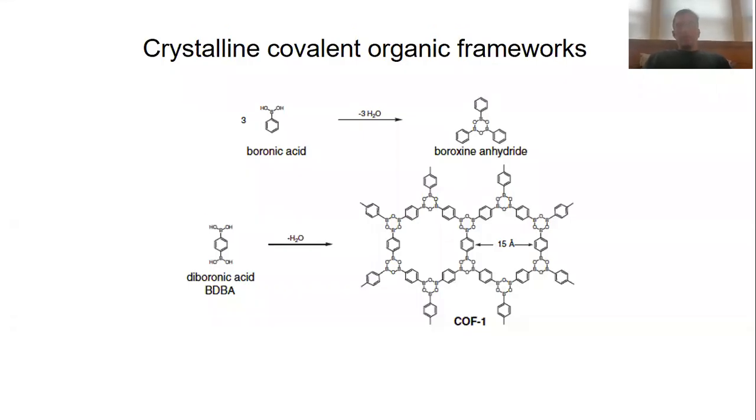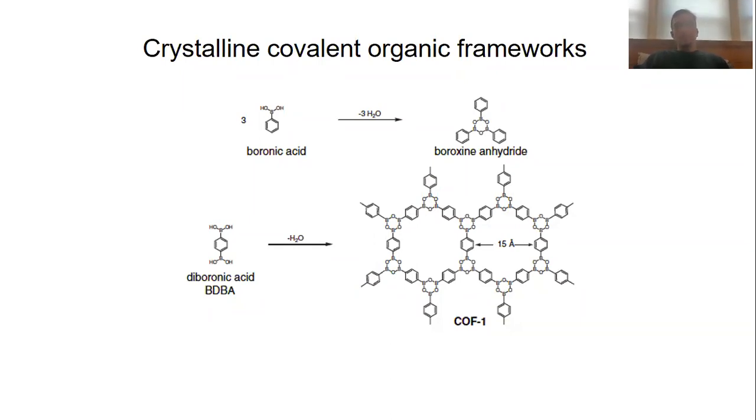Okay, let's move on. In the last class, we started to discuss crystalline covalent organic frameworks, and this class of crystalline porous materials is the latest class of materials, discovered just about 15 years ago.